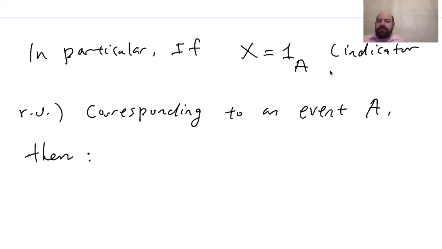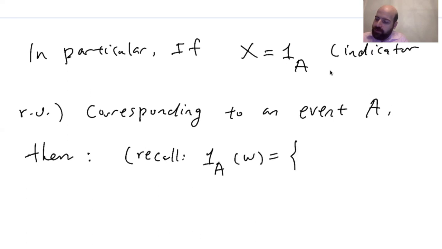We talked about this in the review of probability theory in the previous lectures, but if you need a quick reminder one more time, 1_A, the indicator random variable, is defined like this.